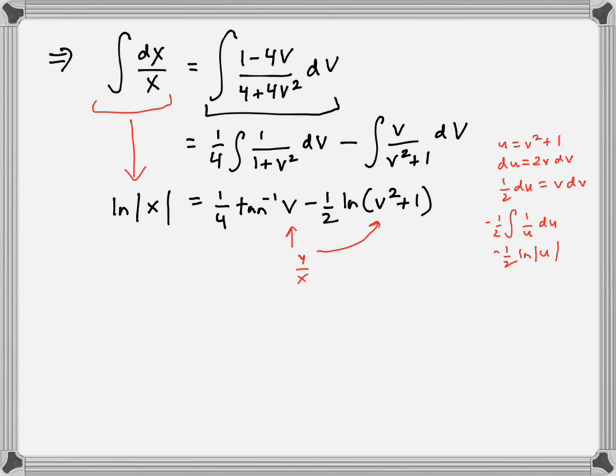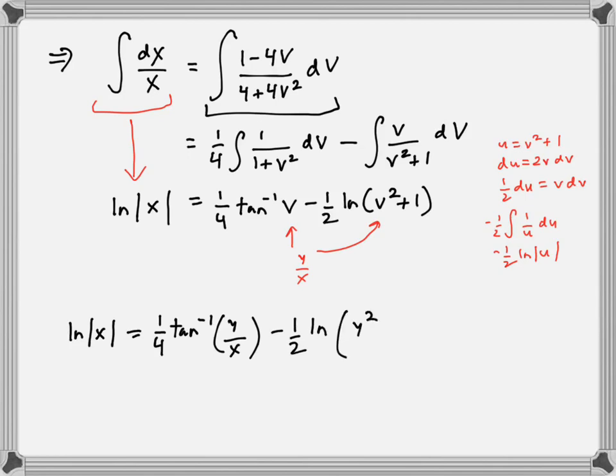We get natural log of x is equal to 1/4 arctan of y over x minus 1/2 the natural log of y squared over x squared plus 1. And by the way, guys, all of this has a plus c.